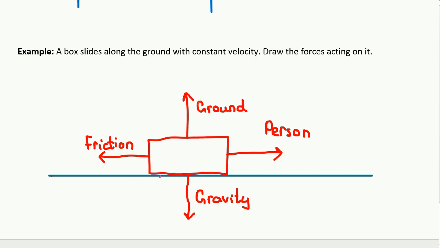This box, as we've drawn it with these forces, would have constant velocity because the forces are balanced. Ground and gravity are balancing each other, and the force from the person and the force from friction are balancing each other. So that's the essence of Newton's first law. If you see an object that has constant velocity, you know the forces must be balanced. And if you see an object with balanced forces, you know it must have constant velocity.